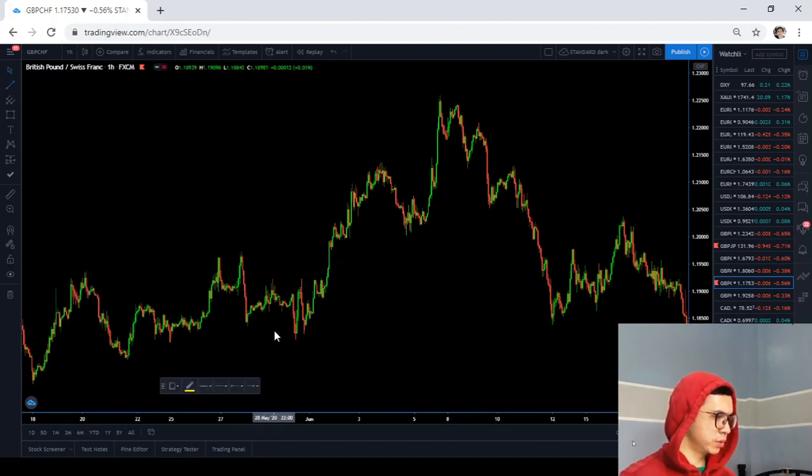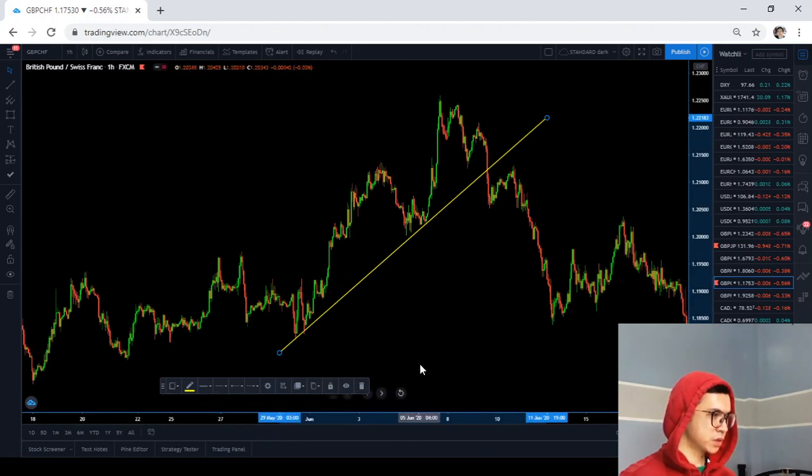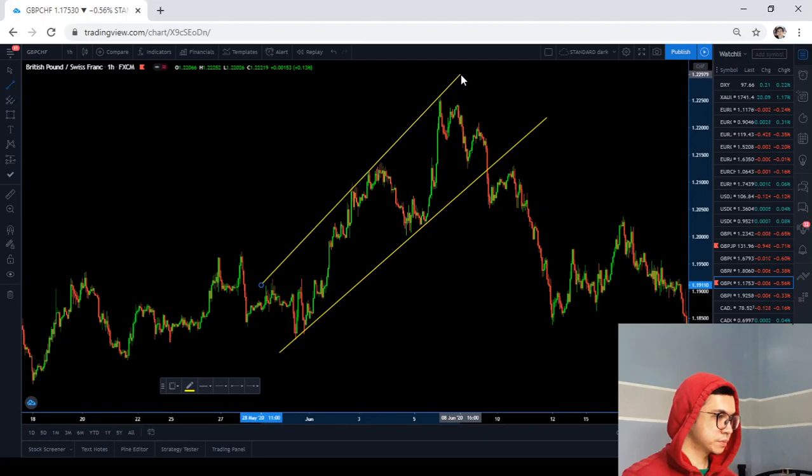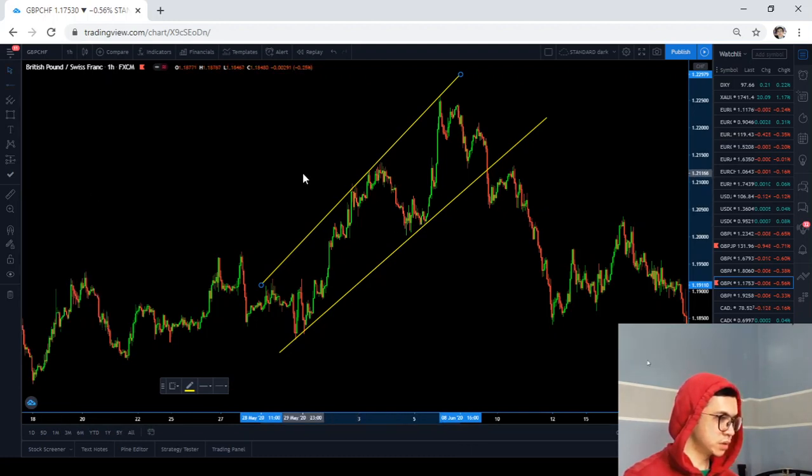So, if I will put a counter trend line here, di ba? Counter trend line is the opposite of your targeted setup. Okay? Meron tayong upper or bullish channel. So, ano yung mga key levels for an intersection? Horizontal ray.